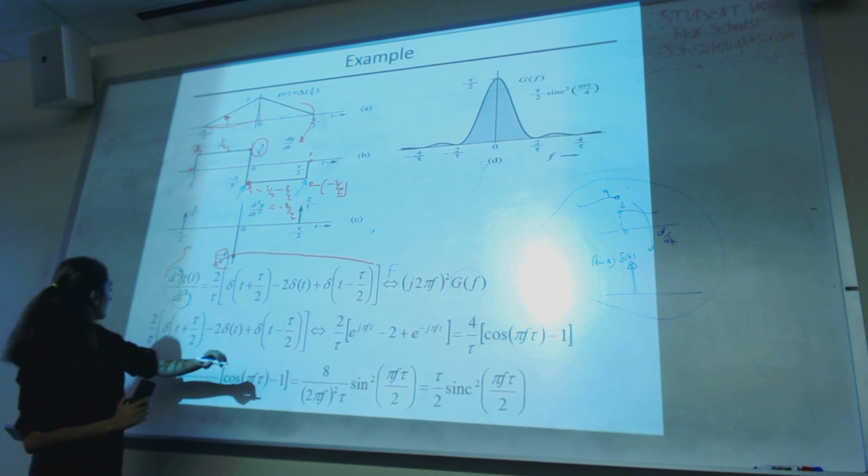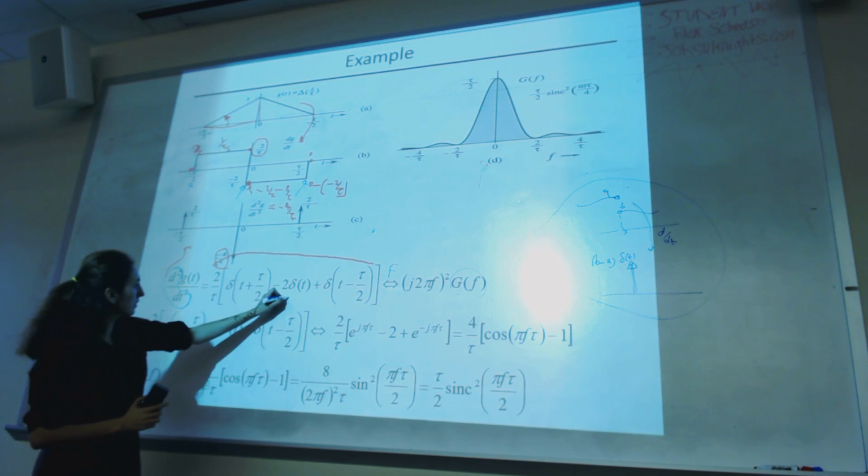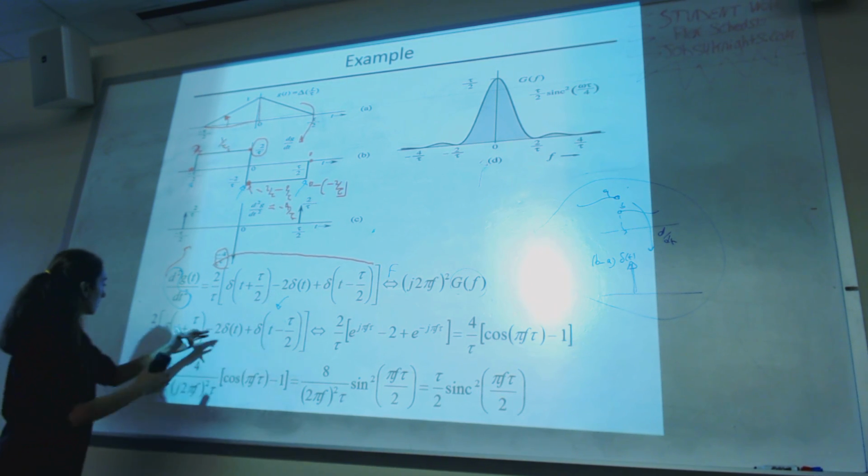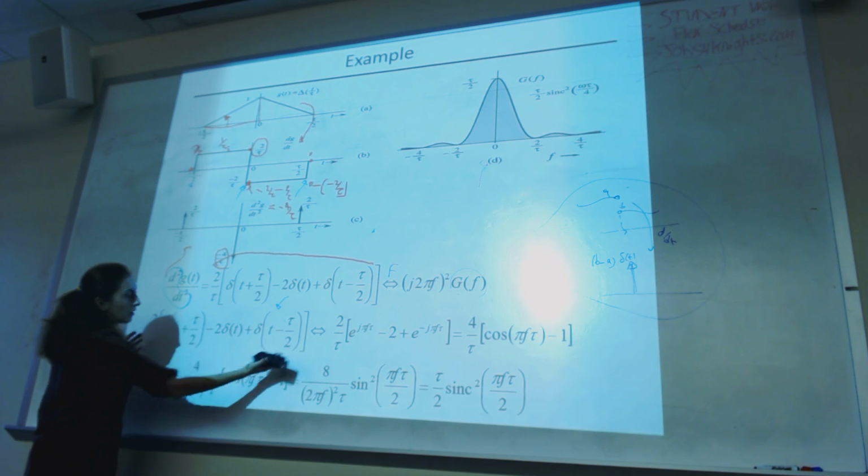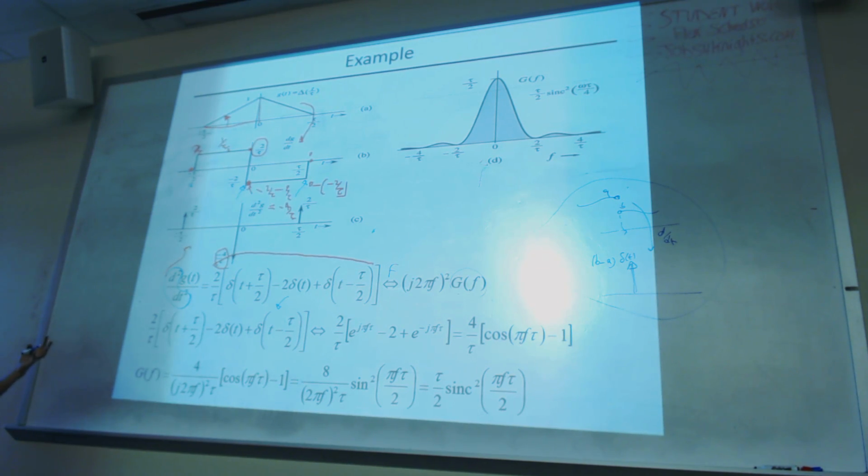Now, alternatively, I know that if I have this delta, what's the Fourier transform of delta t? Anybody remember? Very simple. 1. What's the Fourier transform of the shifted version?